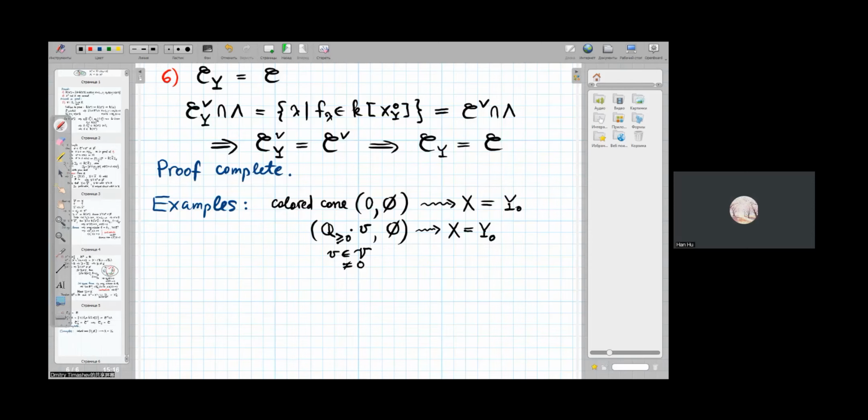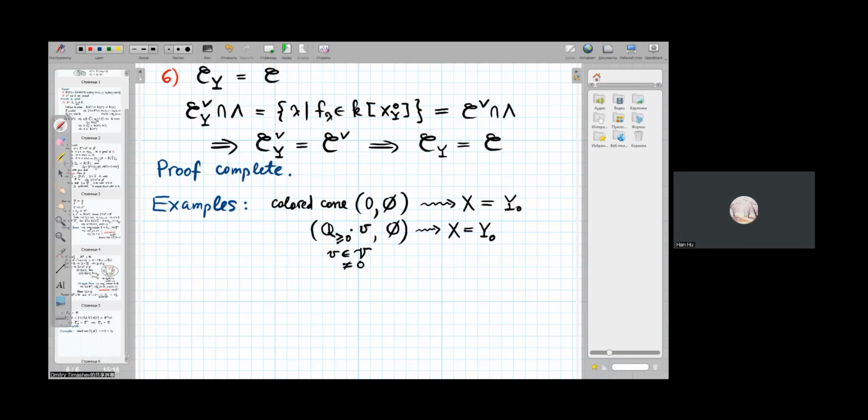Let me recall. What is the geometric meaning for the rays of the cone C or C_Y? The extremal rays of the cone C, those rays which do not contain vectors corresponding to colors from the second set, these rays correspond to G-stable divisors on X, right?